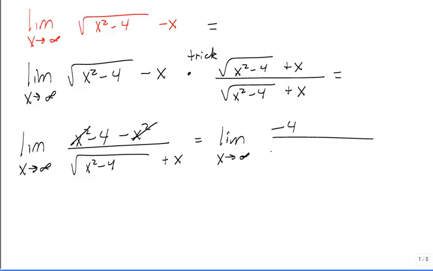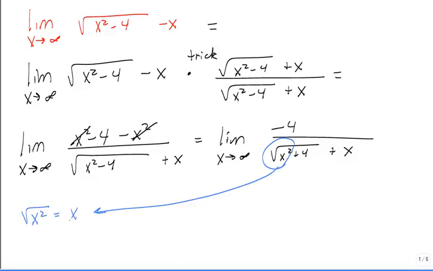Okay, now what? Well, what's the highest power of x? Well, it's not x squared, because x squared is inside the square root. And the square root of x squared is x if x is positive, and it is. X is approaching positive infinity. So the highest power in this whole problem is x, because you have to take into account that square root.